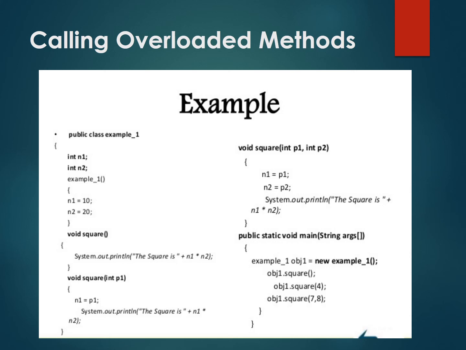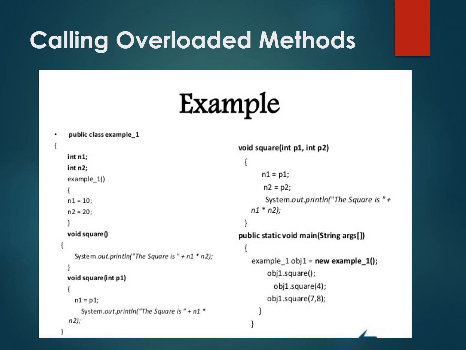Next, obj1.square(4). See here, 4 is only passed and it is containing only a single actual parameter. Therefore, a direct call will be transferred to the square method definition that is having a single formal parameter, that is the second square method, and the value of p1 here will be 4, because we are passing the actual value or primitive value of integer type to the square method having one parameter.